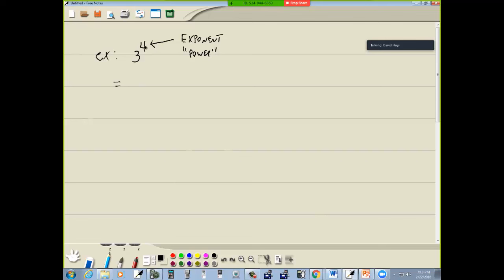So that's read as 3 to the 4th power. Now what that 4 means is we're going to take 3 times itself 4 times. Well, 3 times 3 is 9. I'll bring the other 3's down. 9 times 3 is 27. And 27 times 3 is 81.